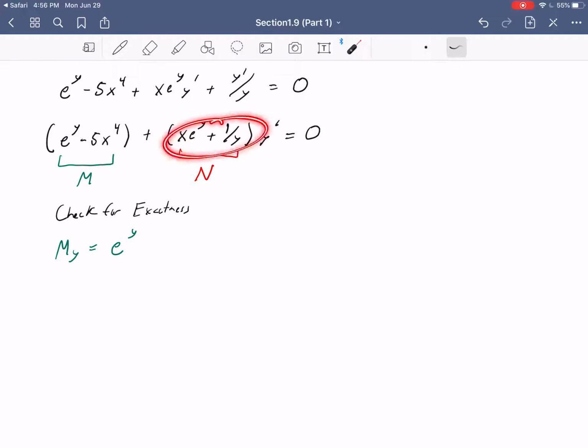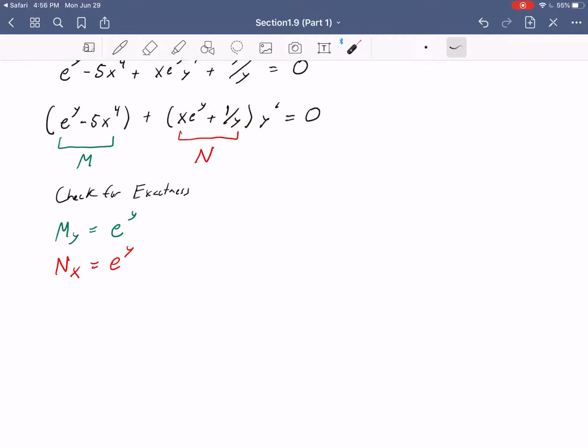On this one, I take the partial with respect to x, so N_x. Treating the e to the y as a constant, the derivative of x is just 1, and we get e to the y. And of course, the derivative of 1 over y, since we're treating y as a constant, is just 0.